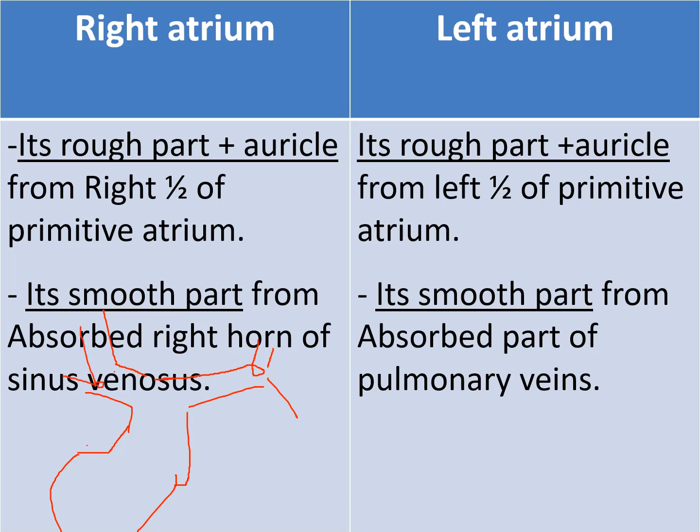And do we have this on the left side? Usually on the left side we have the left atrium. We don't receive one pulmonary vein like this one. We don't have left and right pulmonary veins. What we actually have are four pulmonary veins, two on the right and two on the left.